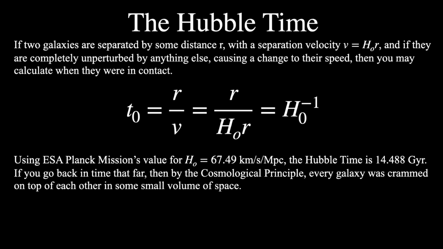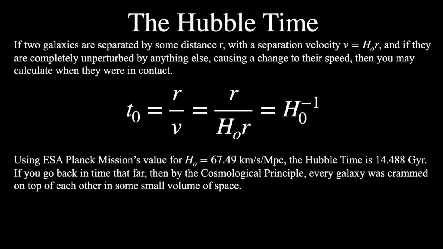Now, if we use, let's say, the Planck mission's value for the Hubble constant, which is, say, 67.949 kilometers per second per megaparsec, then we get the Hubble time equal to 14.488 gigayears or billion years. Now that's interesting. But what about the alternate value?